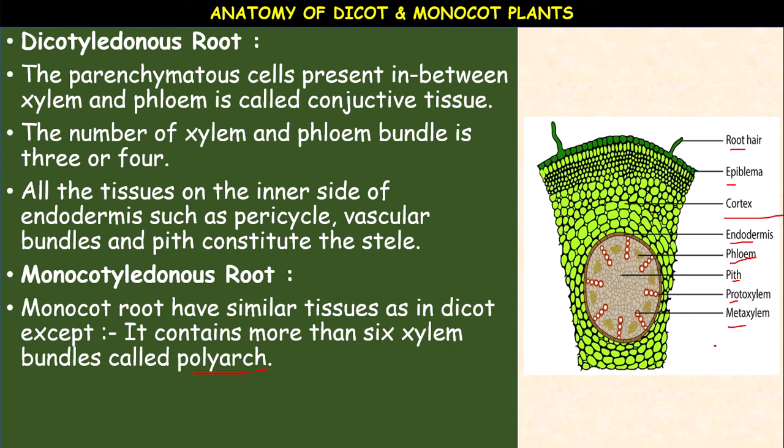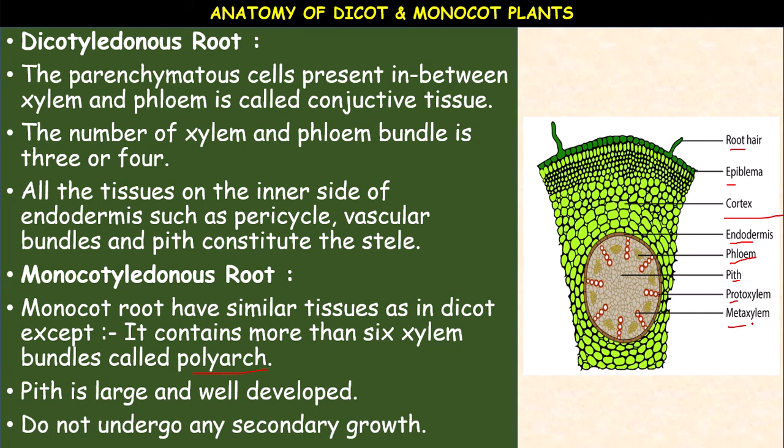These are the parts of a monocot root section. It contains more than 6 xylem bundles, so you can see 7 here. The pith is large and well developed in monocots. They do not undergo any secondary growth because the pericycle is absent.